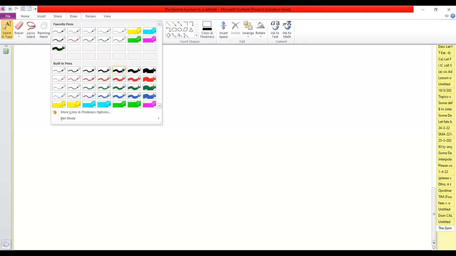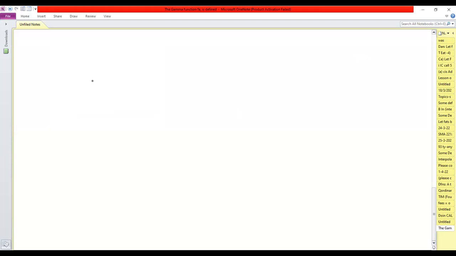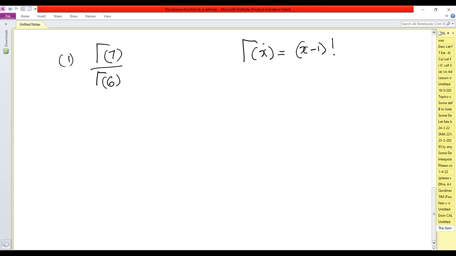So the first part is to evaluate the value of gamma of 7 divided by gamma of 6. Now, by definition, gamma of x is given by x minus 1 factorial. And we also know that gamma of x plus 1 is given by x gamma of x.